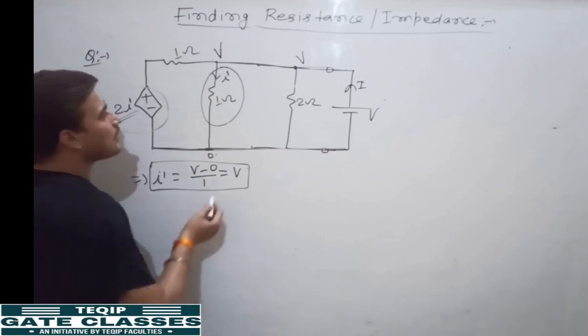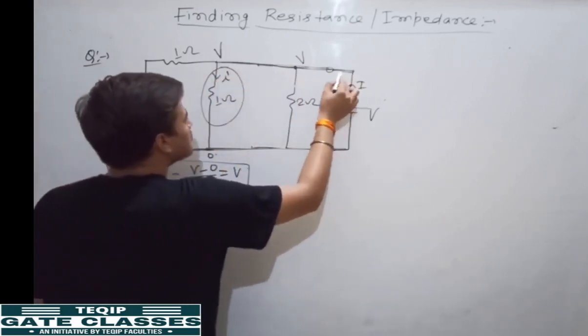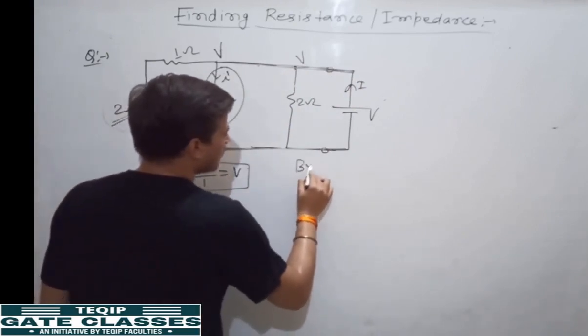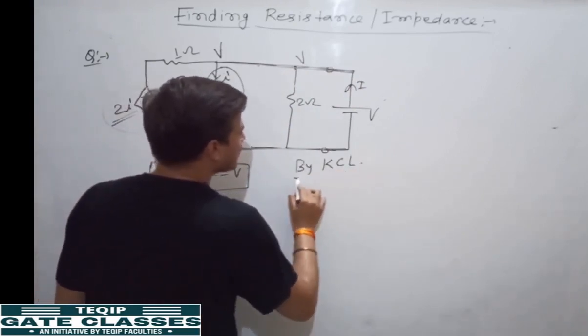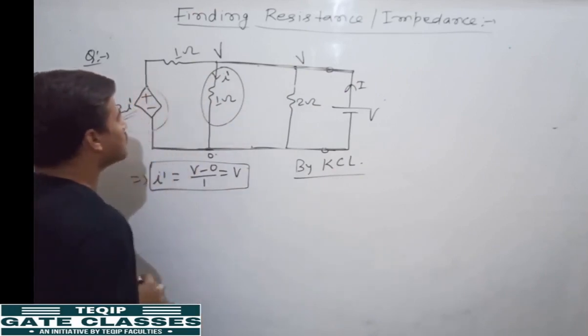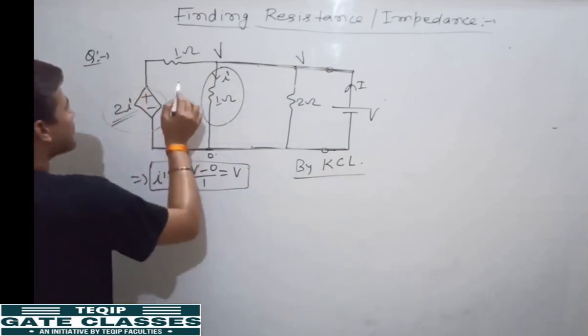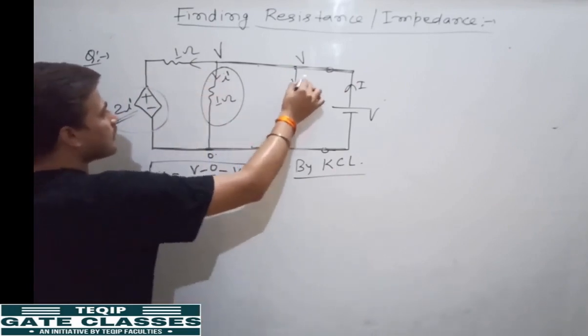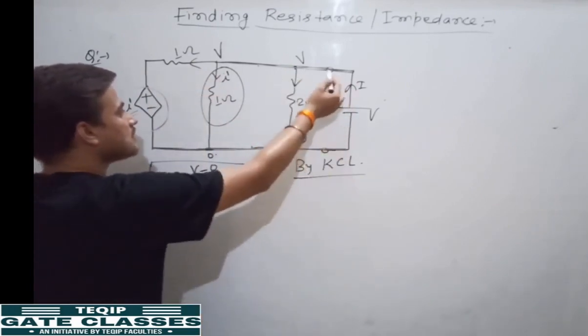Next, these three nodes are a common node. So apply Kirchhoff's current law at this node. Let us assume this current is coming out, this is also coming out, and this is the incoming current.